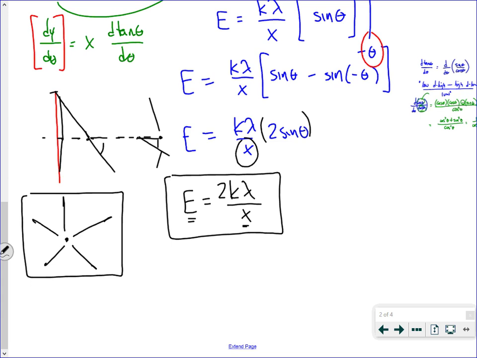But this is really like a top view, as if an eyeball is looking down on the top of this stick. We're seeing the field, and it looks like this. Since these are straight lines, the farther you go this way, the farther apart they get. And that's that inverse relationship between E and X. So that's pretty cool.